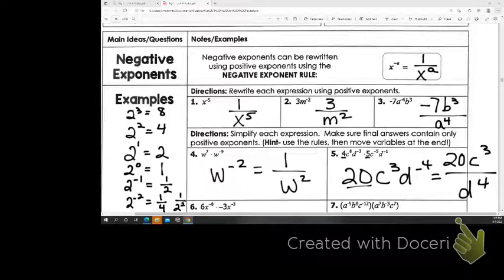So 4 times 5 is still 20. I'm adding the exponents. So 8 and negative 5 make positive 3. Then on my d's, negative 3 and negative 1 make negative 4. So this was what I got when I put these two together, but then I cannot leave it with that negative exponent, so then I rewrite putting the d in the denominator, and then his exponent becomes positive.